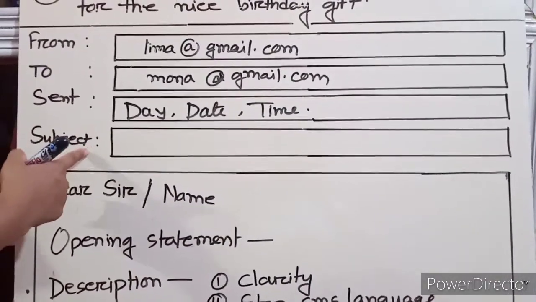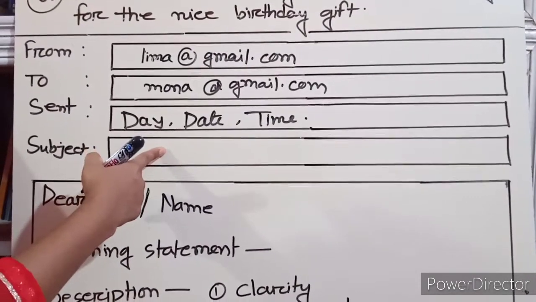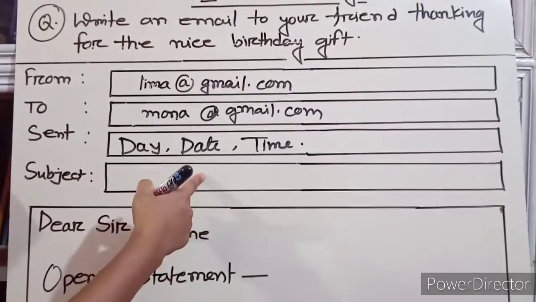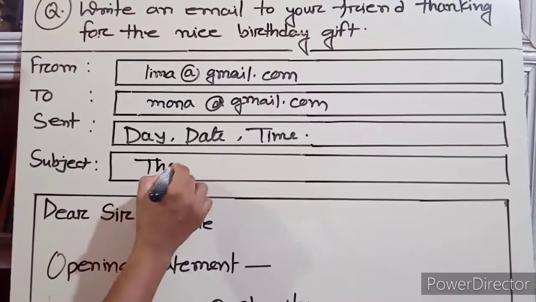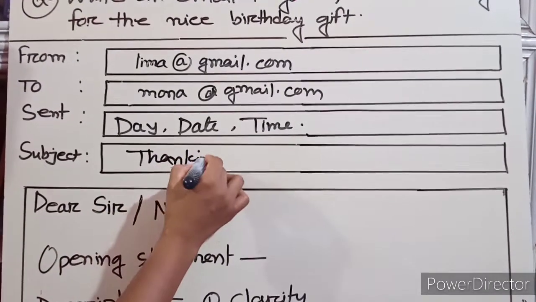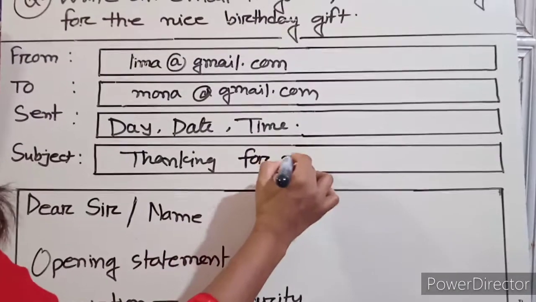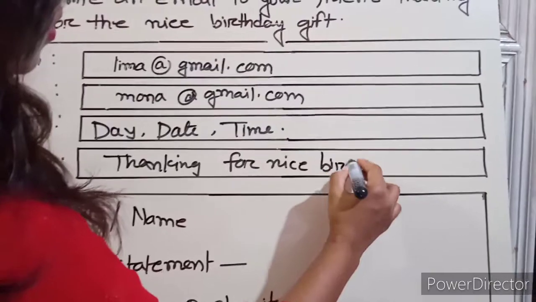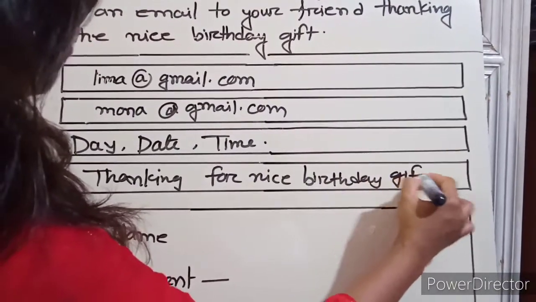Next comes Subject. Write a subject which should be specific and meaningful, relevant to the topic. So I can write here, thanking friend, thanking for nice birthday gift.